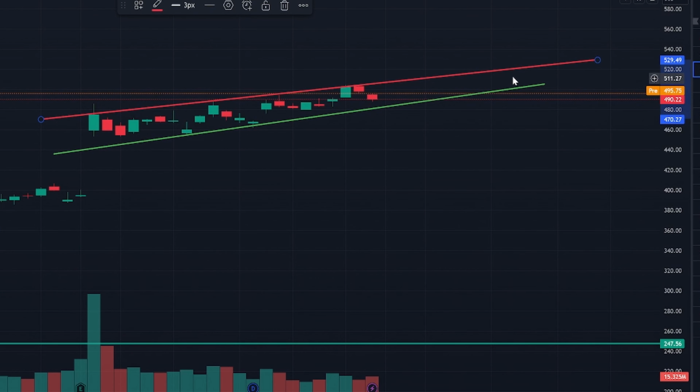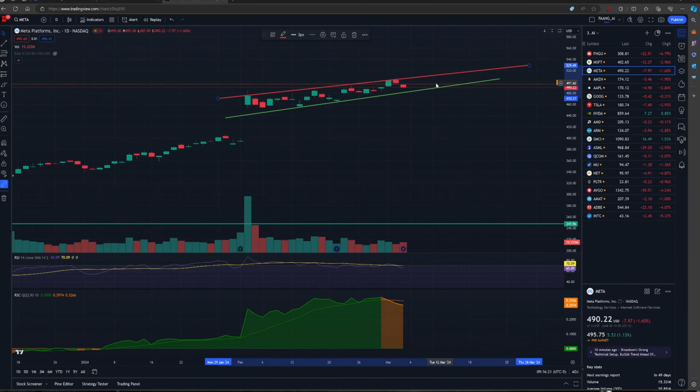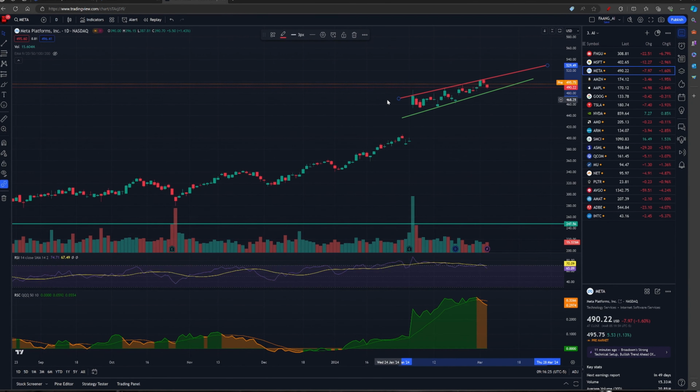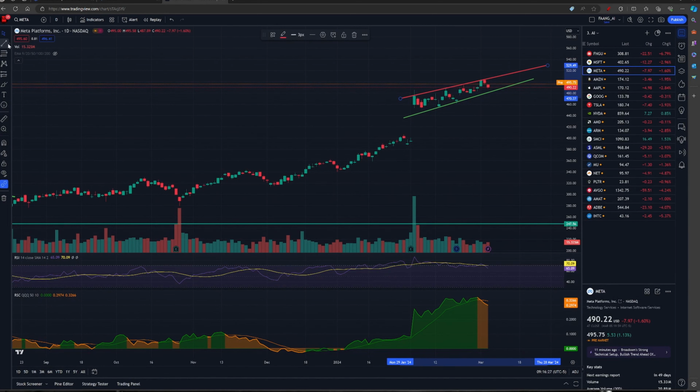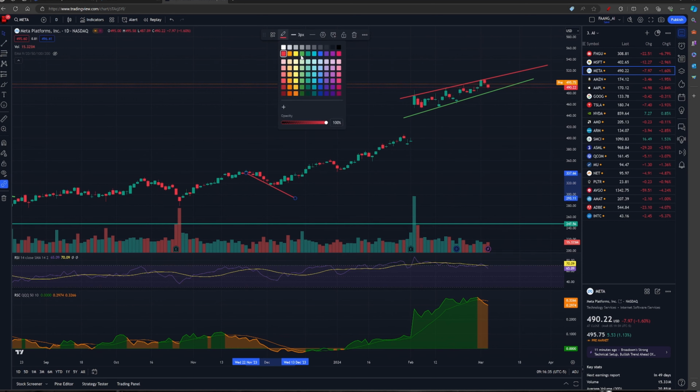So this channel I would call a bull channel because it is moving upwards. Now we could have a bear channel as well. So for example, I'm going to show you a bear channel. Now if I was to connect all the bottoms of the candles out here, this is a line of support, and this is a support channel.